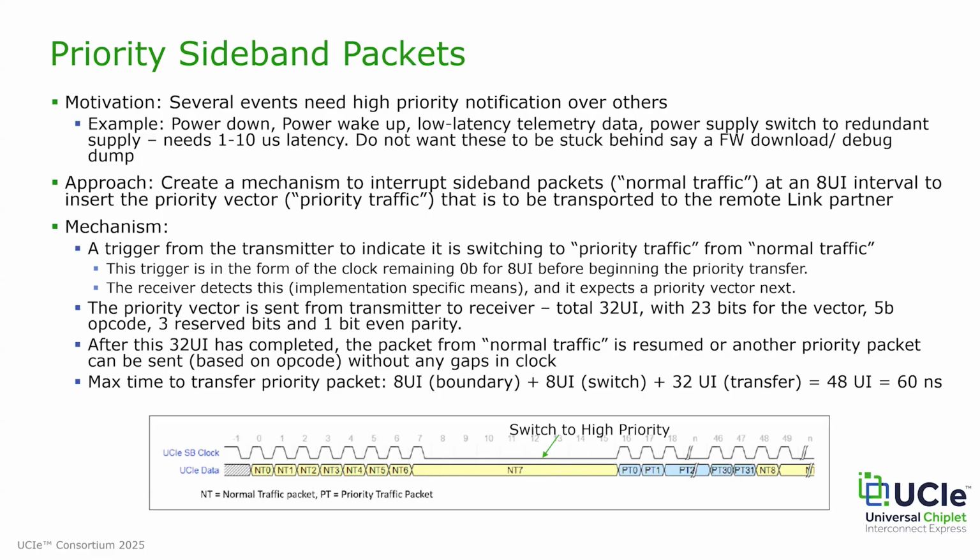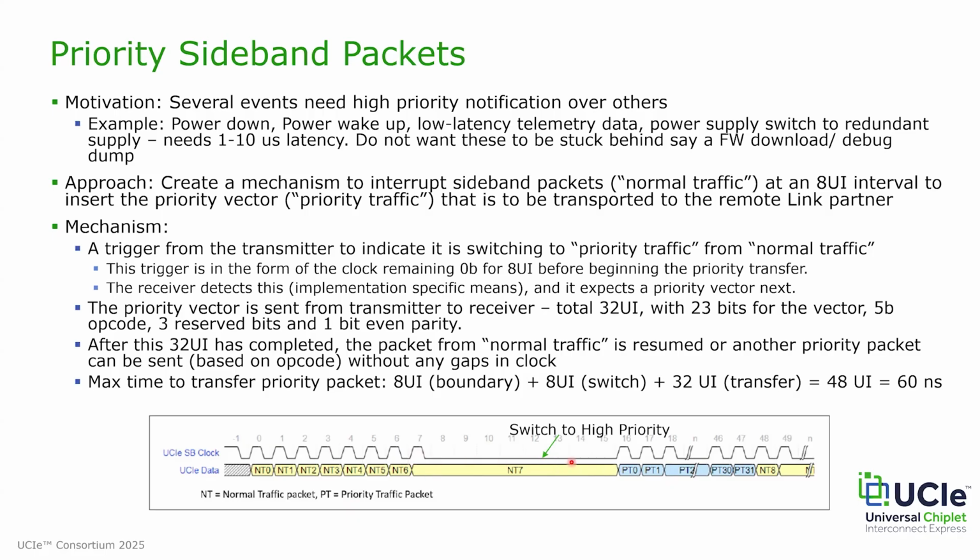The goal is the upper bound needs to be somewhere around 60 nanoseconds, and we'll explain how we get there in a bit. But this is an example. The bulk traffic is going on here. Let's say somewhere over here, you decide that, hey, I have this high priority traffic that we are indicating as PT. So you wait for the next 8 UI aligned boundary.